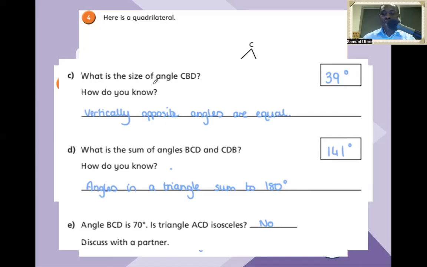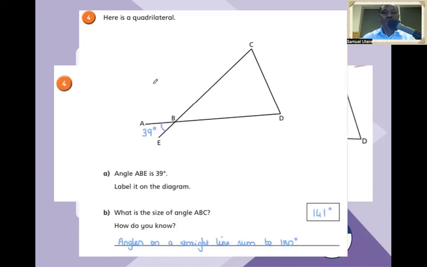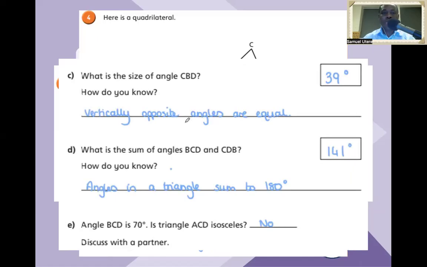Well, going back to the diagram, angle CBD should be 39 degrees. You can see that if we were to put a mark there, that would be a vertically opposite angle to angle ABE. So that angle should be 39 degrees. The reason is vertically opposite angles are equal.